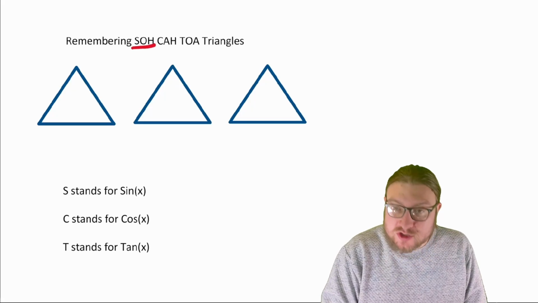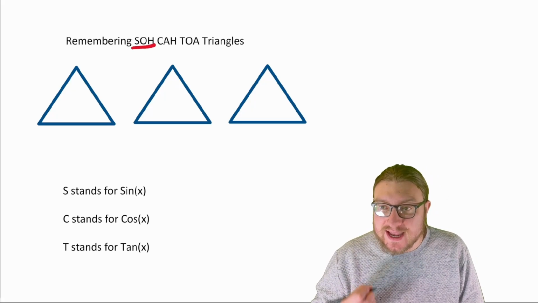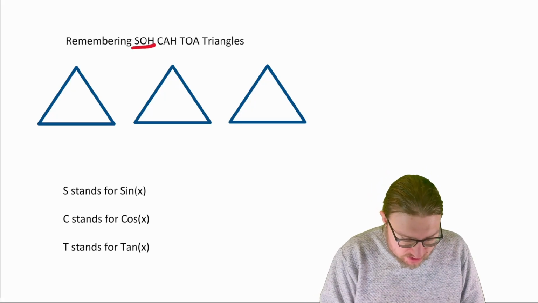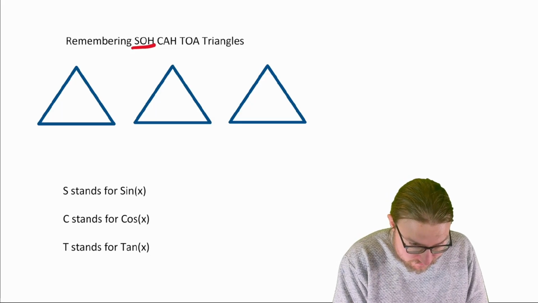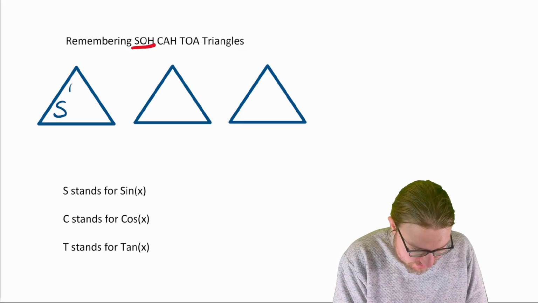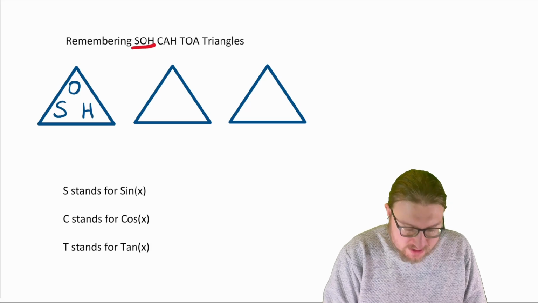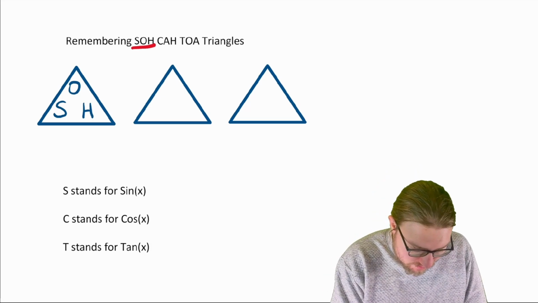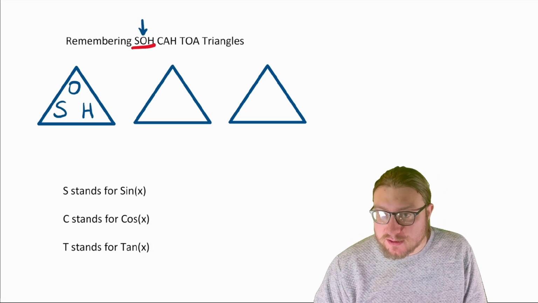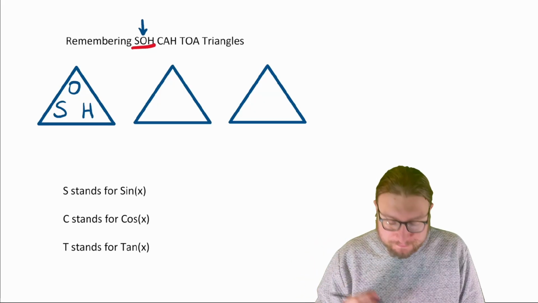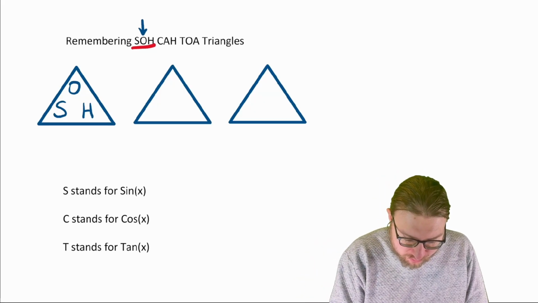If you remember SOH, then this is the order that we need to put them into our triangles. So we're going to have S, O, and H. And I want to emphasize that the letter that is in the middle is always the letter that's on top. So what about for CAH?